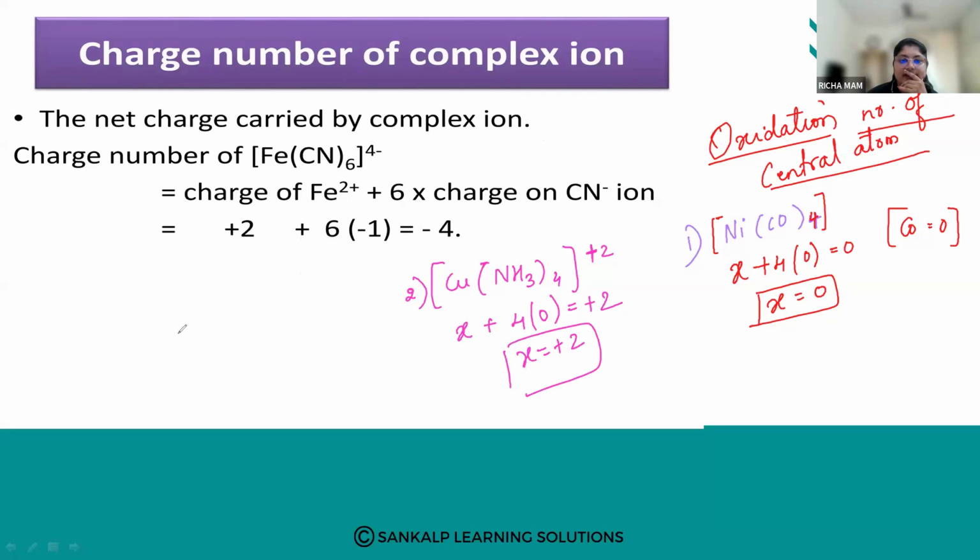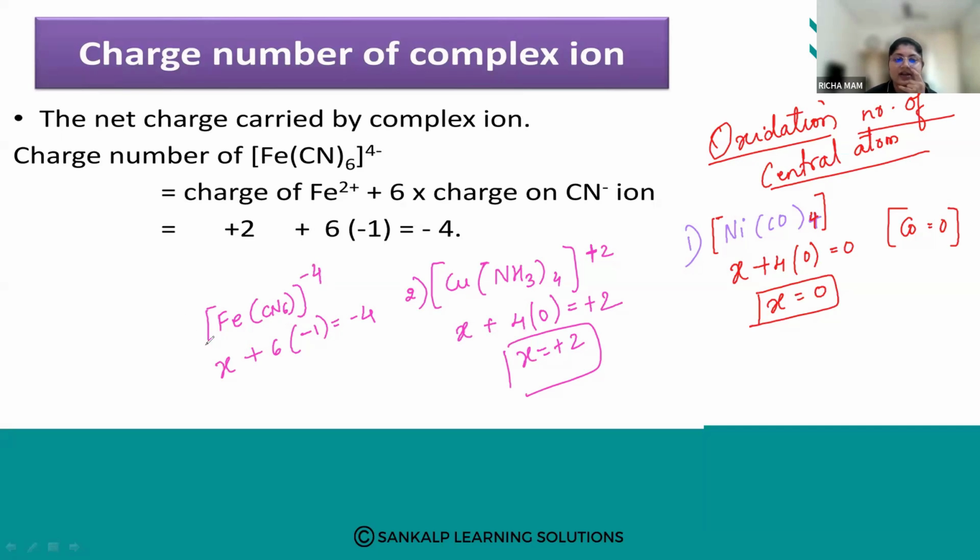Very good. Next, K4[Fe(CN)6]. CN has a -1 charge. I told you, if you don't write K4 here, you have to take the charge as -4.